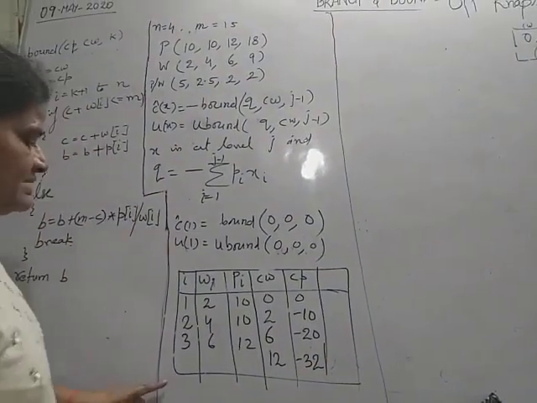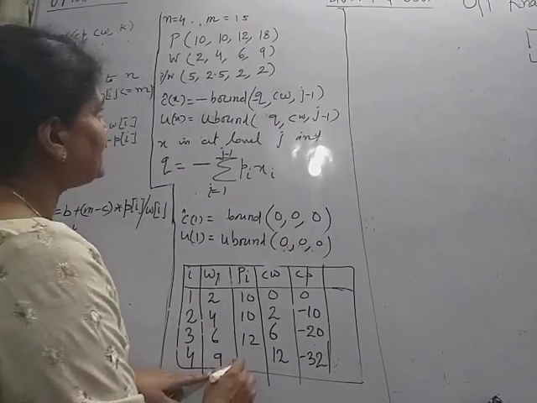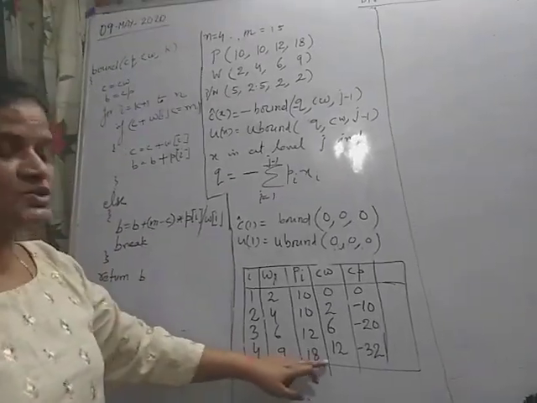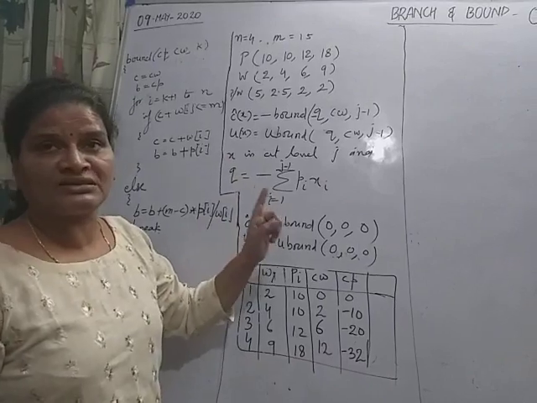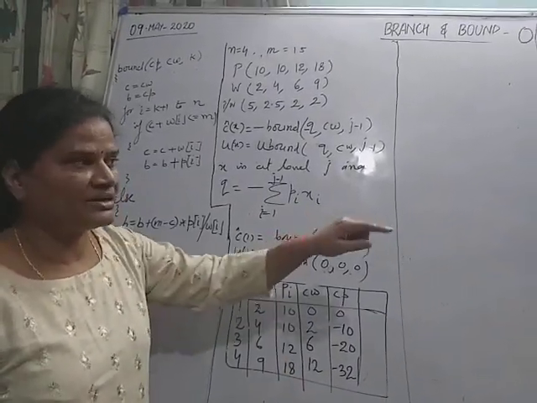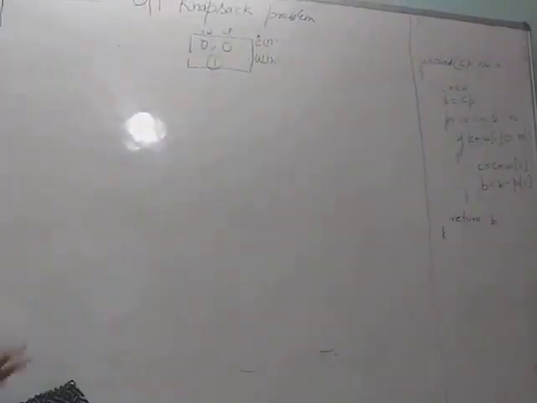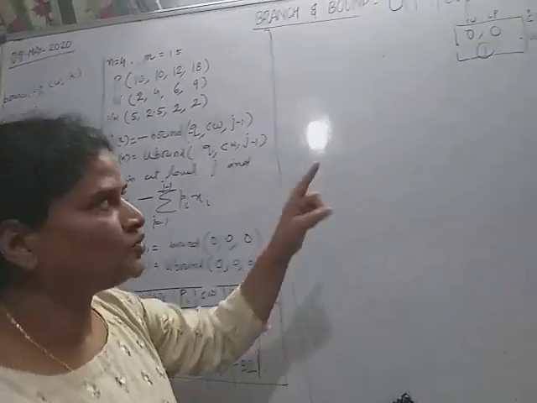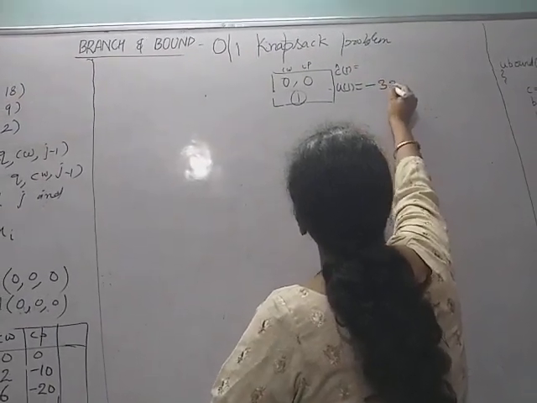Then I is 4 and W4 is 9, and the profit is 18. 9 plus 12 exceeds 15, so the fourth object is the first object that does not fit into the knapsack. So the u bound function will return the current profit, which is minus 32. So the value of U1 is minus 32.